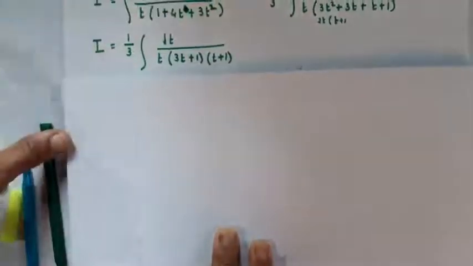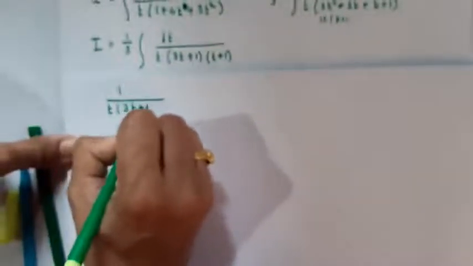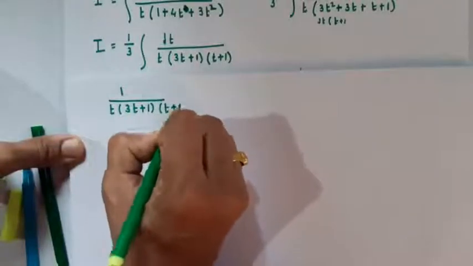And now let us consider this equal to 1 upon t into 3t plus 1 into t plus 1.